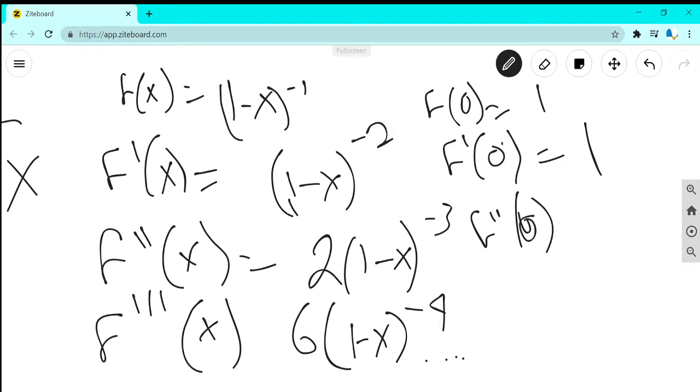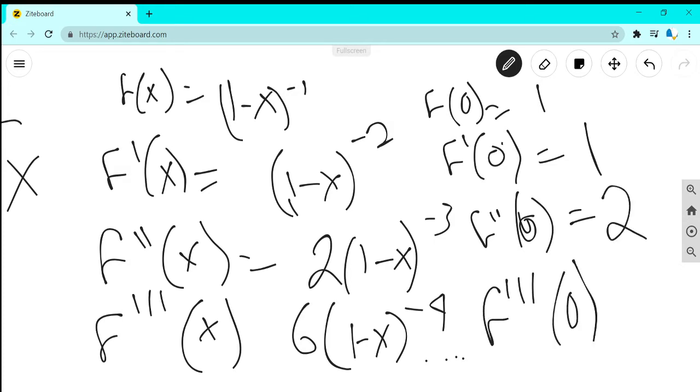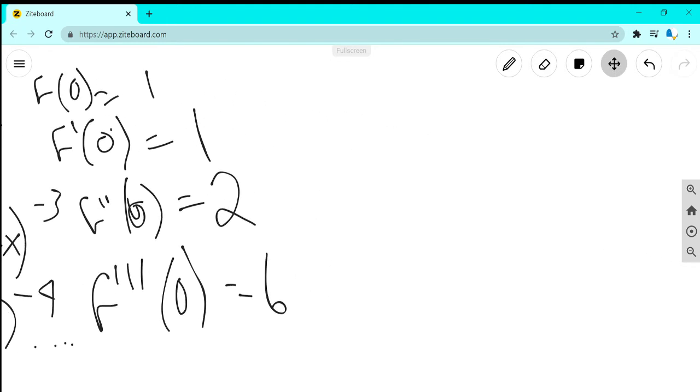Sorry, did I say 1 there? Sorry, I meant 0 there, and you're going to get 2. f triple prime of 0, and you're going to get 6. So you can see this part here is always going to be 1, so it's just what the coefficient is. So we have this really important information there.